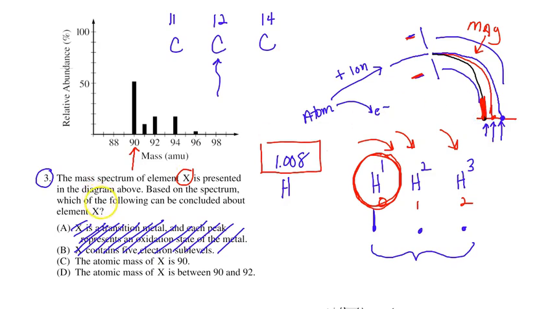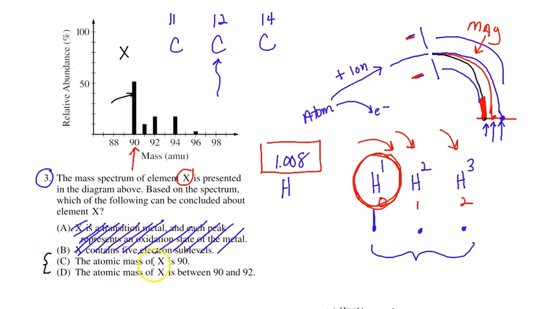And that would mean that when you average the relative amounts using their abundances in nature, element X is going to have an average isotopic mass closer to 90 than the rest of these.